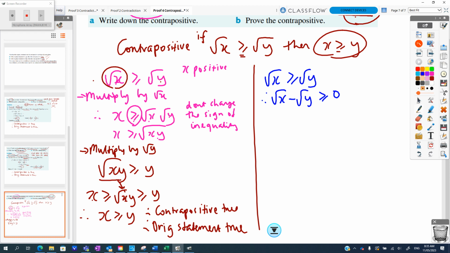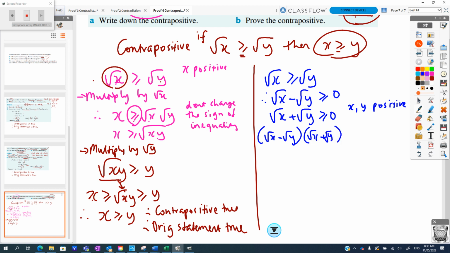Now, because they were positive numbers, I also know that when I add them, because x and y were positive from the original information, root x minus root y times root x plus root y, a positive number multiplied by a positive number, must be a positive number.